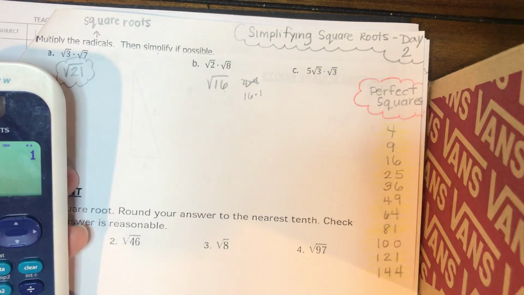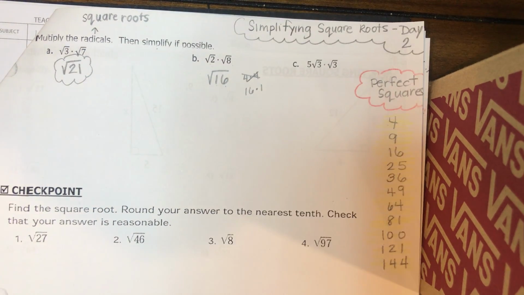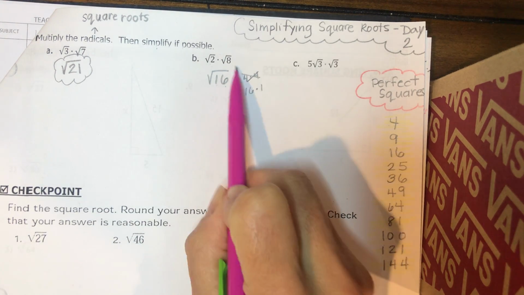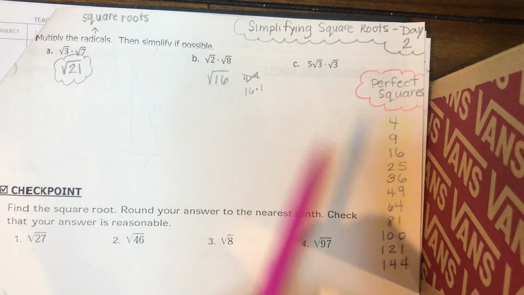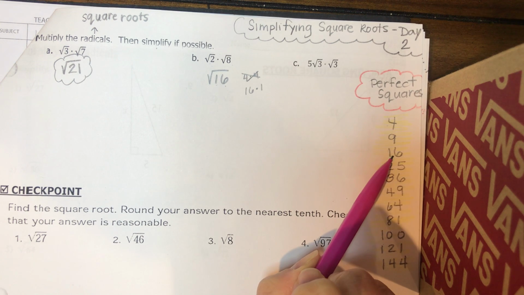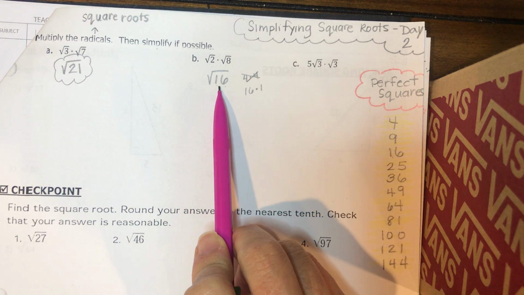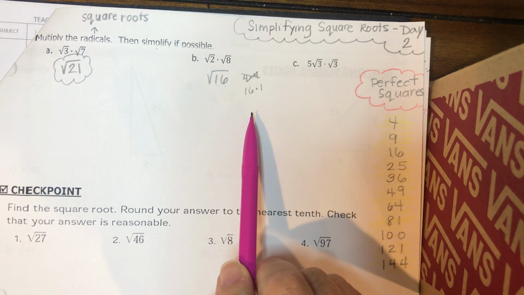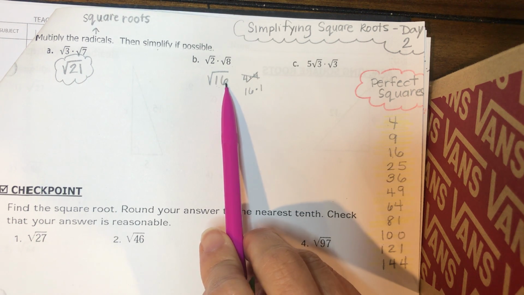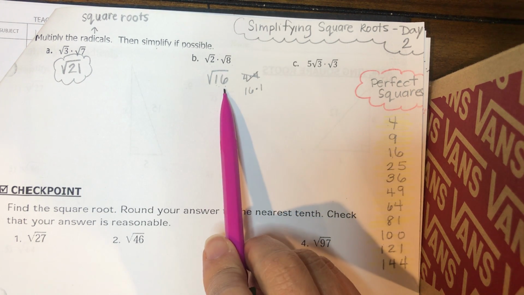So we don't want the 4 and the 4. But some of you might have noticed from the beginning that the square root of 16 is a perfect square. So I can say to myself, what number times itself gives me 16? Well, isn't that 4? 4 times 4 is 16.